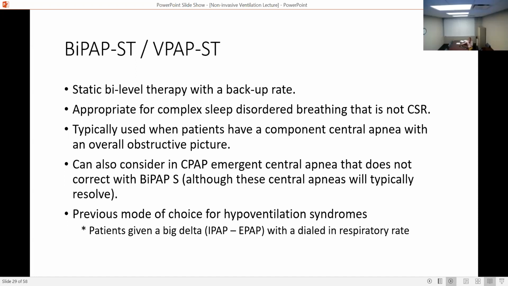So if you put a patient on a backup breath rate of 10, they're going to get a breath every 6 seconds. We use this pretty frequently for complex sleep disordered breathing.